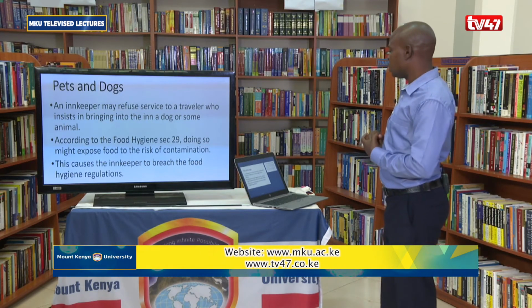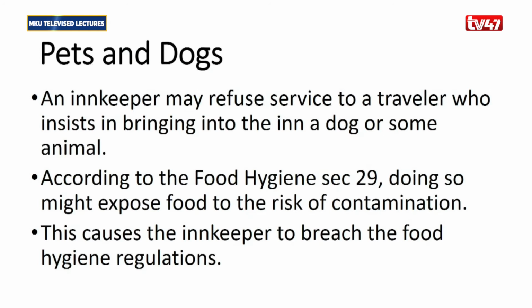Pets and dogs. An innkeeper may refuse to serve a traveler who insists on bringing into the inn a dog or some animals. So, a traveler is not supposed to bring an animal with them when they are entering a hotel.